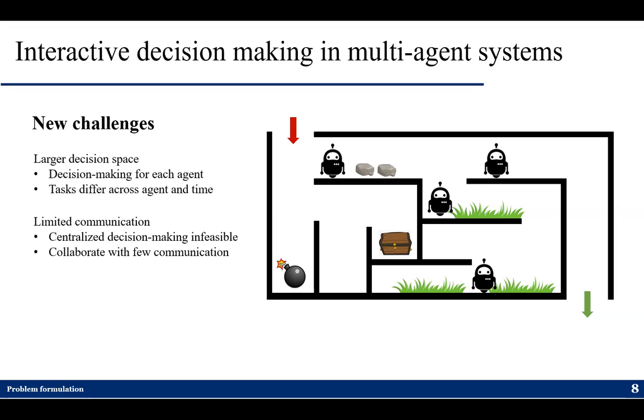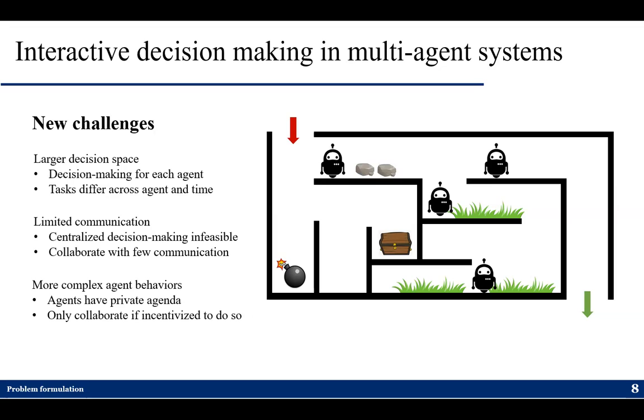Instead, we have to move both the model estimation and the decision down to each agent, and then they will only collaborate with communication. So the question in this case is how can we design algorithms such that the agents can collaboratively minimize regret while making sure the communication they require is low.